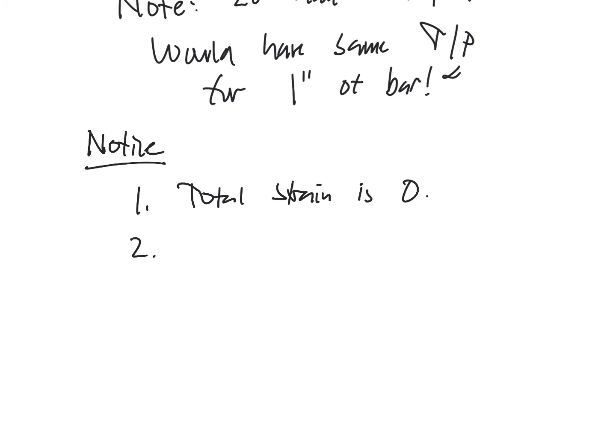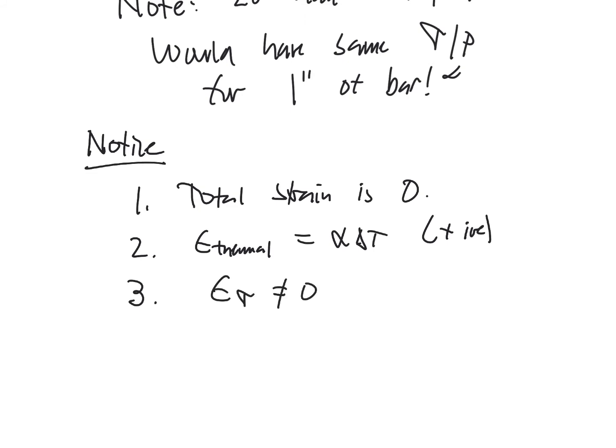The second is that the thermal strain is alpha delta T always. So epsilon thermal for an axial bar is equal to alpha delta T, and that's positive. Third, the mechanical strain is not zero. Mechanical strain is compressive.